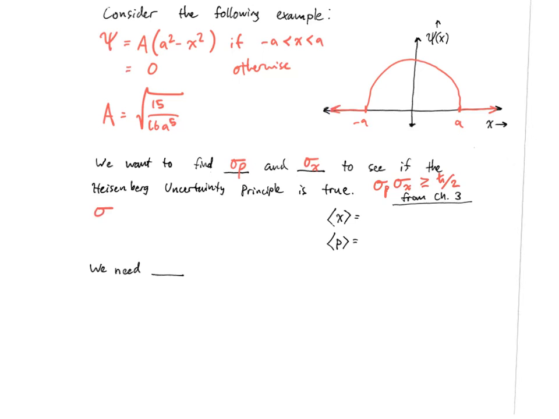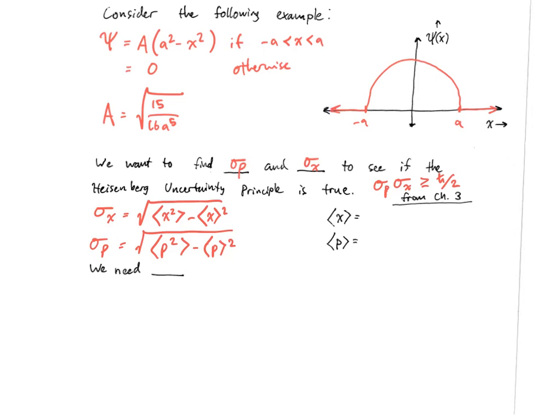Okay, so if we need to find the standard deviation of position, this is going to be equal to the square root of the average of the position squared minus the average position, squared. And similarly with momentum, like so.